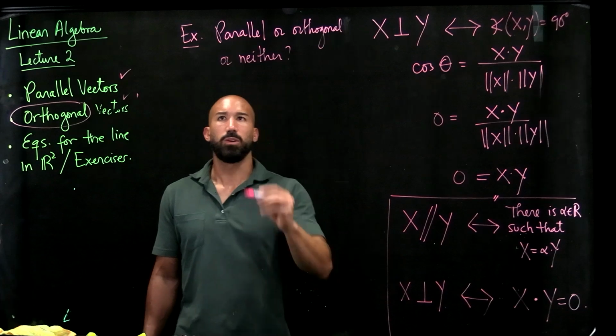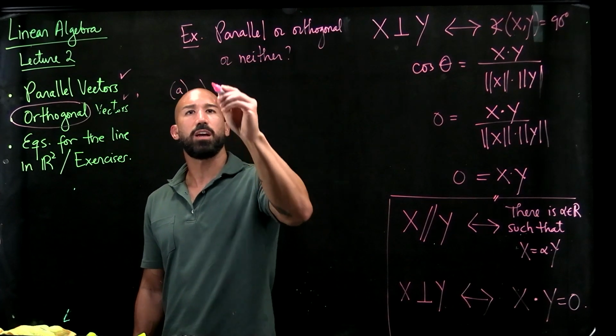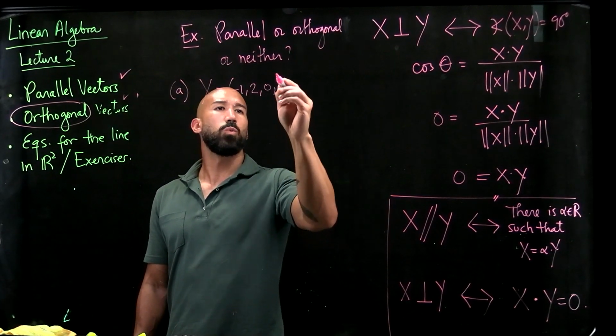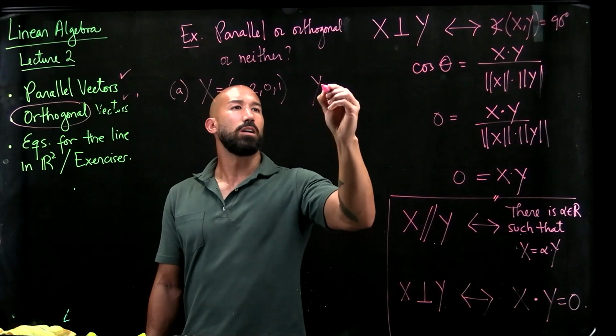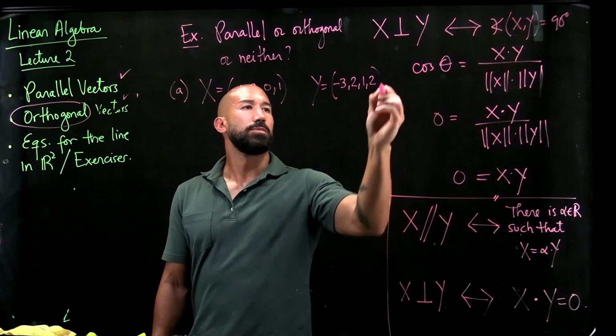Okay. Our letter A. I'm giving these two vectors. X is the vector -1, 2, 0, 1. And Y is the vector -3, 2, 1, 2.